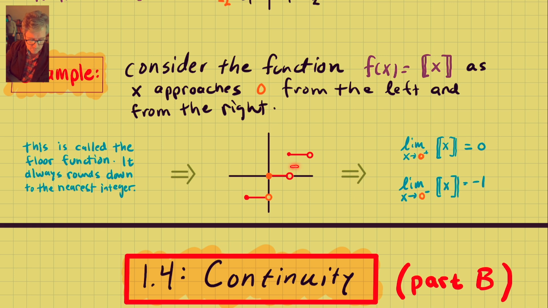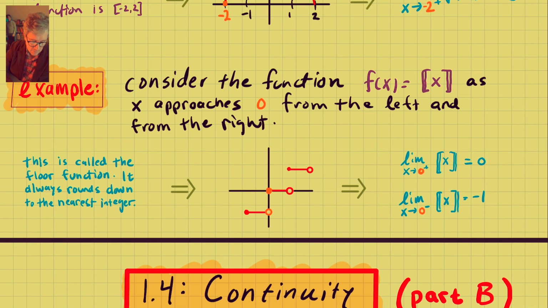Conversely, if I approach from the right, the value of the function is on this line here, and I can see that the limit from the right-hand side is 0. I don't have an overall limit at 0 because the left and right-hand sides don't agree, but I do have left-hand and right-hand limits.